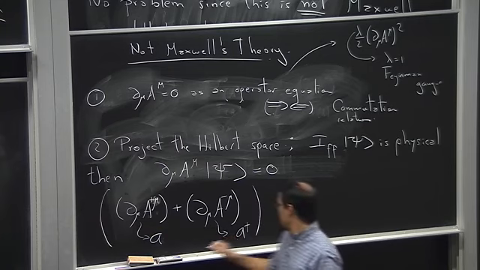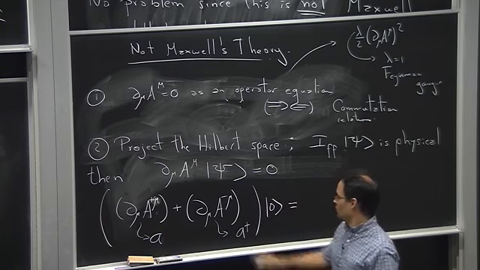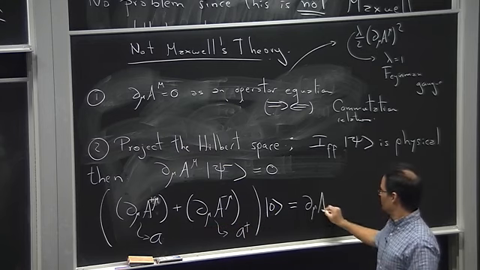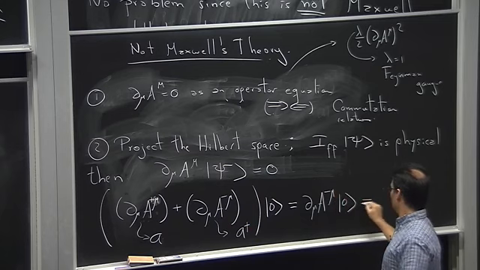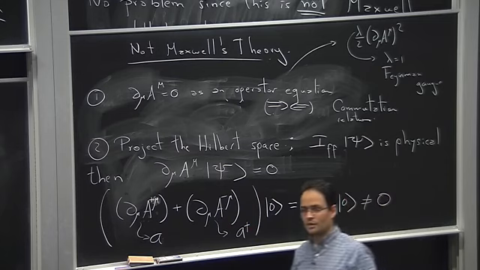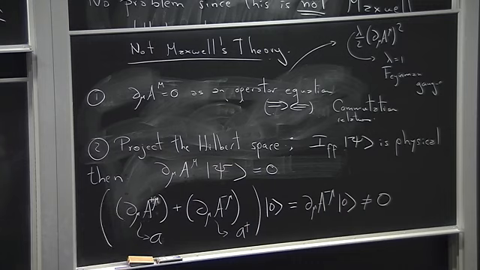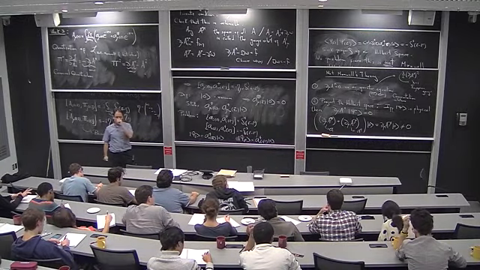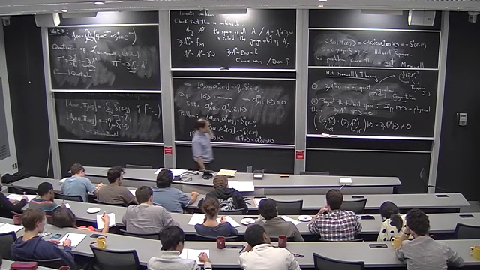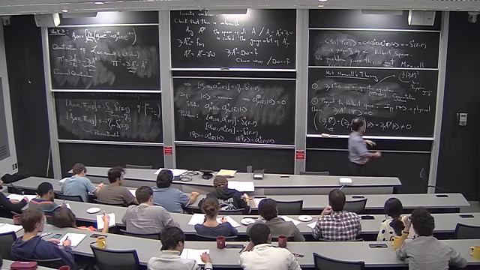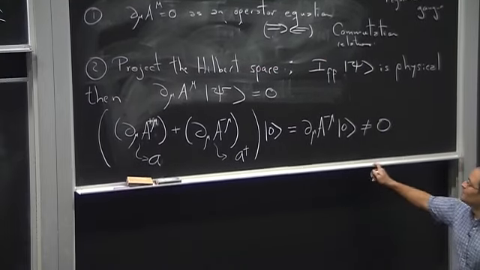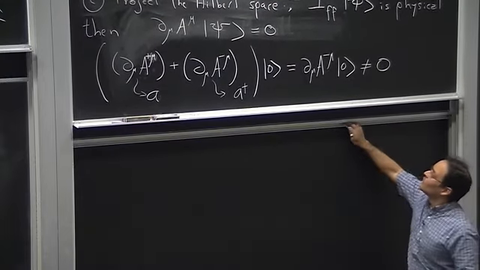If we apply this condition to the vacuum, we find this annihilates this guy, but this guy will not give us a sensible object, okay? So the vacuum will not be physical. That's a little bit of an inconvenience. Sometimes it happens. In string theory, there will be some theories where you would find that actually the vacuum has to be projected out. But not for us here.